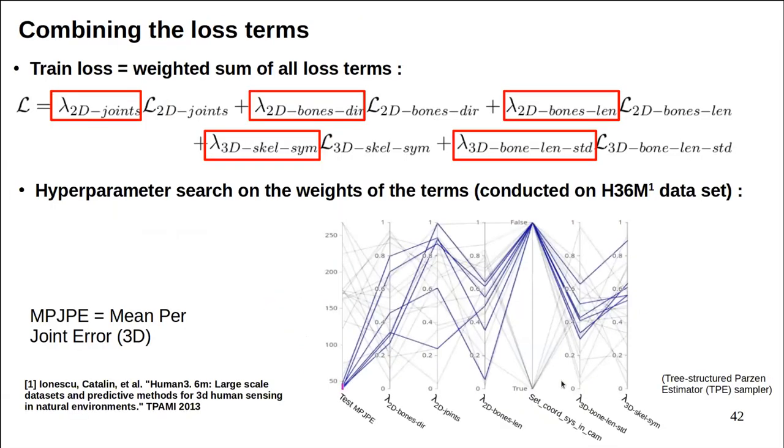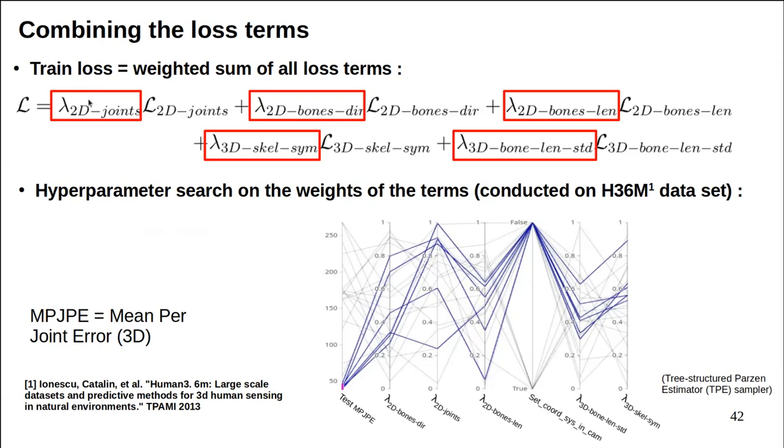So now we have a lot of different loss terms, and we want to define a training loss from all these loss terms. What we did is that we constructed a weighted sum of all these loss terms. So for instance, here we have the 2D loss on the error between reprojected and input 2D poses, the error on the bone direction, the error on the bone length, and the errors in the 3D space.